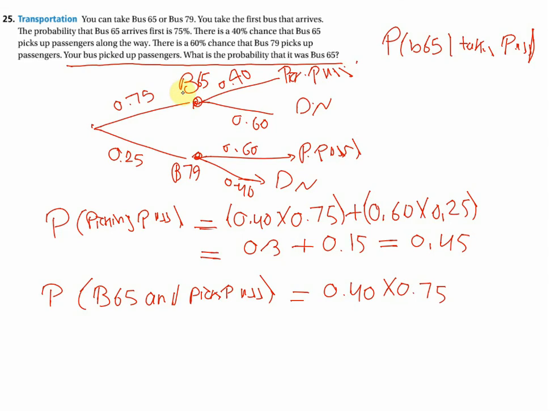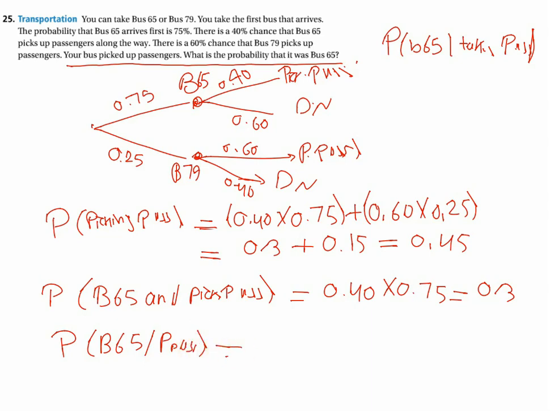Bus 65 and picking up passengers, 0.40 times 0.75. If the question were bus 65 and not taking passengers, it would be 0.60 times 0.75, but we don't need this. So this is, as we calculated before, 0.3. Don't forget that the required is the probability of bus 65 given that it picks up passengers.